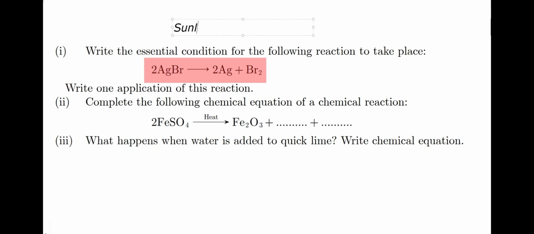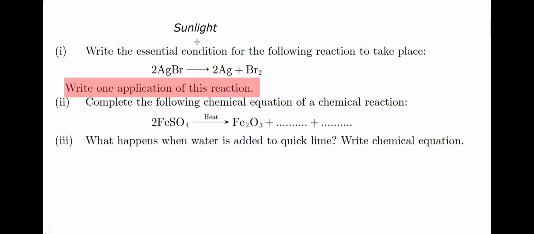Now this sunlight you will be writing over the arrow, right? Next, we have to find out one application of this reaction. You should know that this one is used in black and white photography.